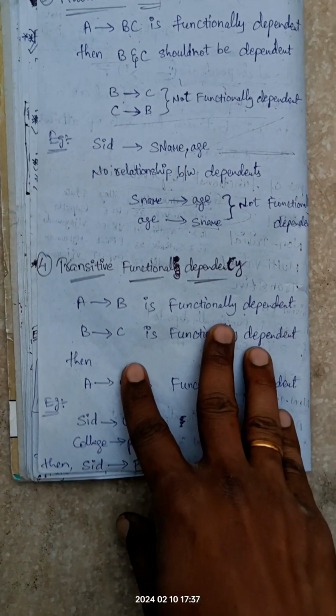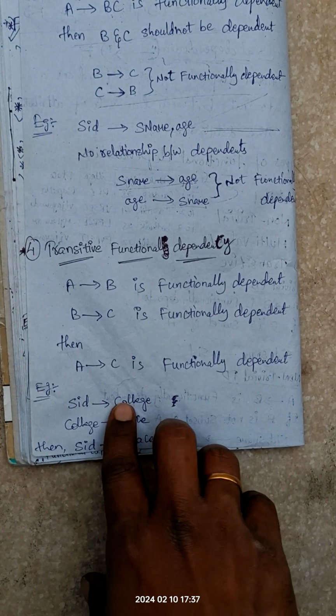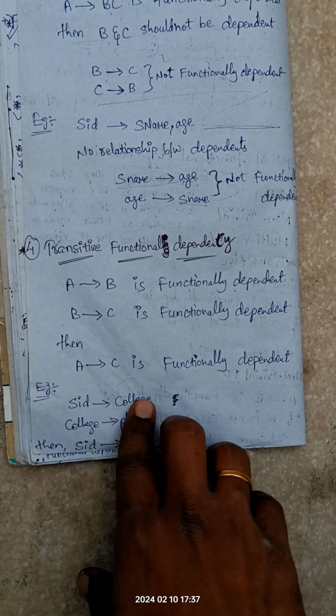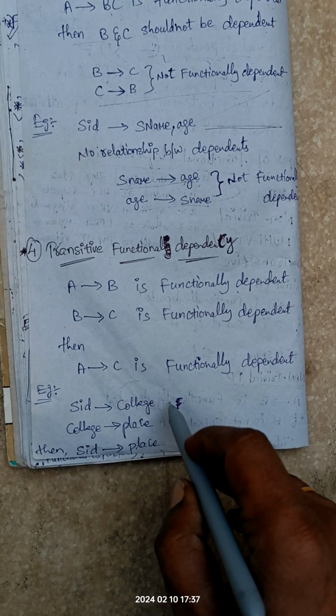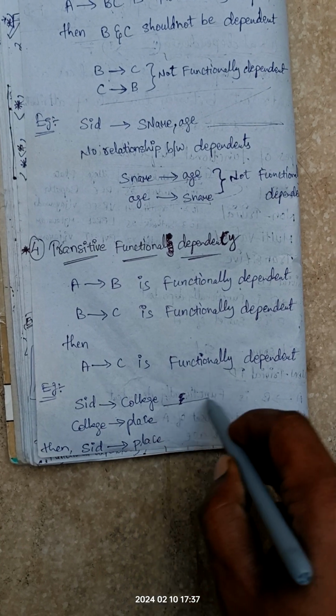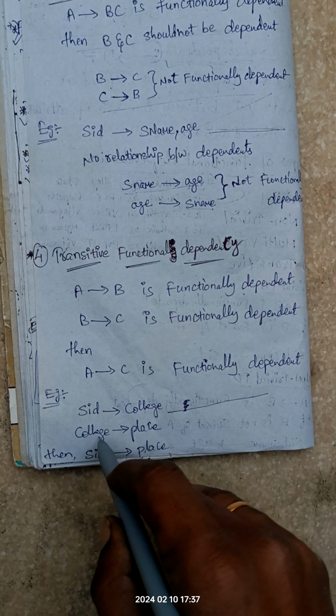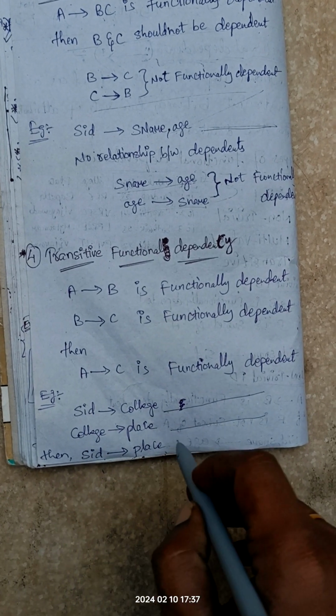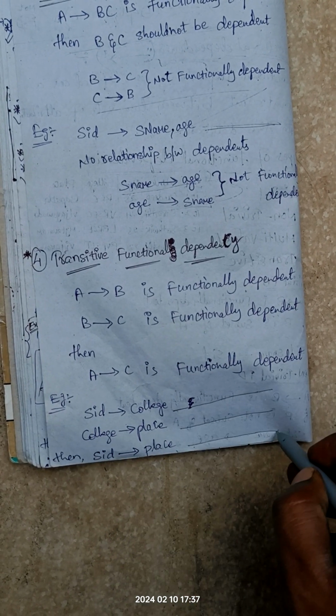For example, student ID tends to college, college tends to place. Student ID tends to college is functionally dependent, college tends to place is functionally dependent, and student ID tends to place is also functionally dependent.